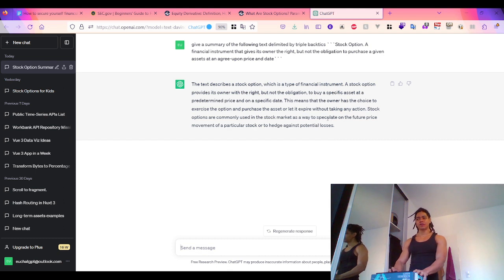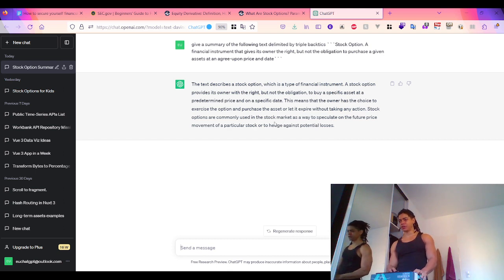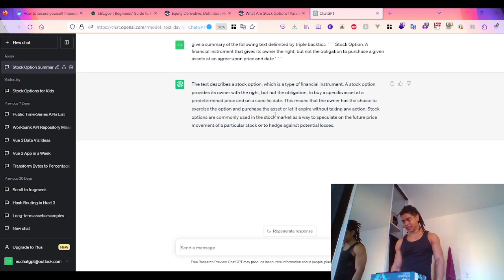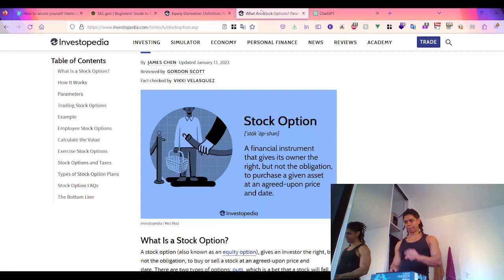And I really love this definition because, according to ChatGPT, it describes a very interesting and important topic here: to speculate.